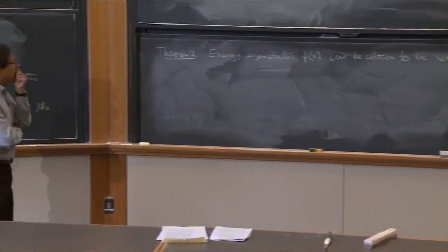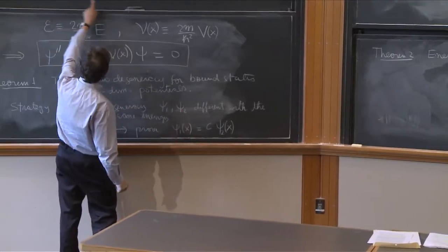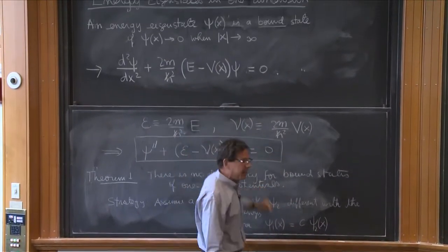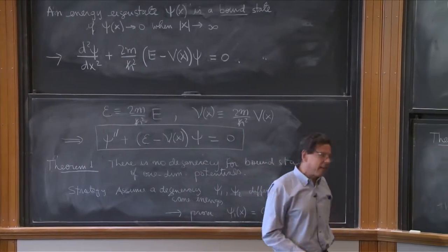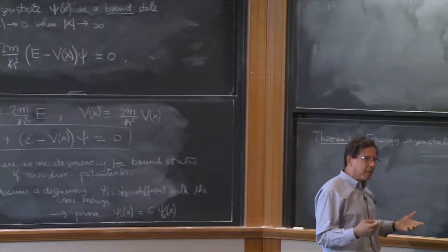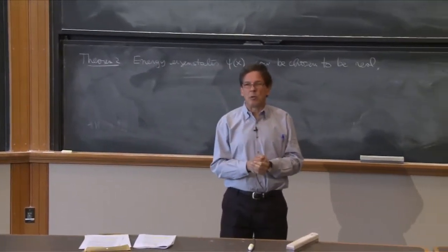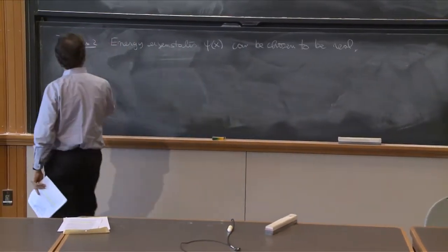So here it is. We mentioned that this differential equation allows for real solutions. There's no contradiction because there's no i in there. But now we say more, that even if you find a complex solution, you can work with real solutions. So what is the strategy here? Again, strategy.